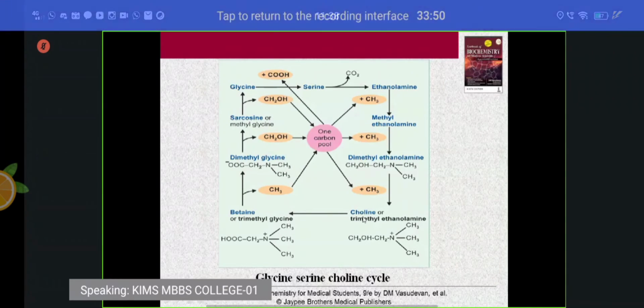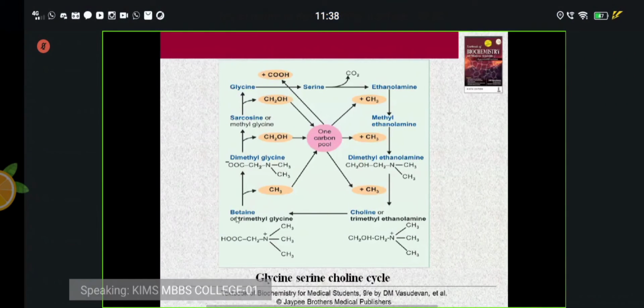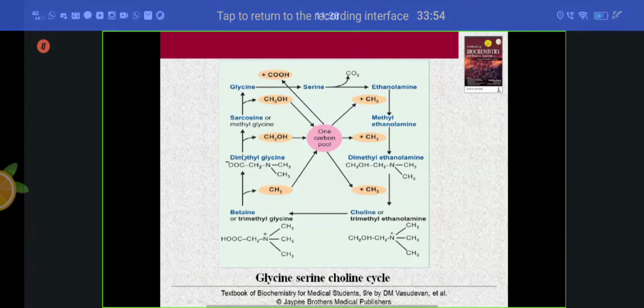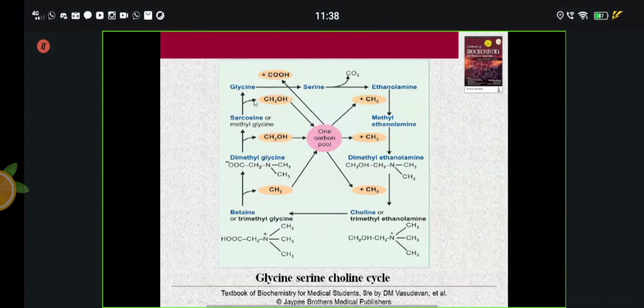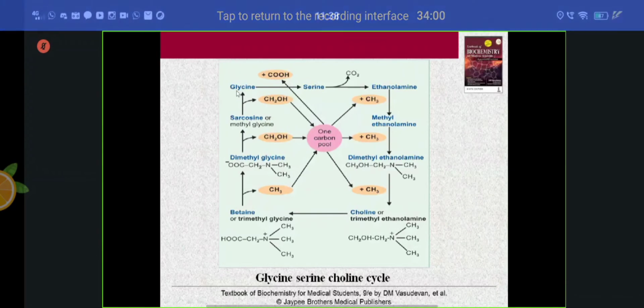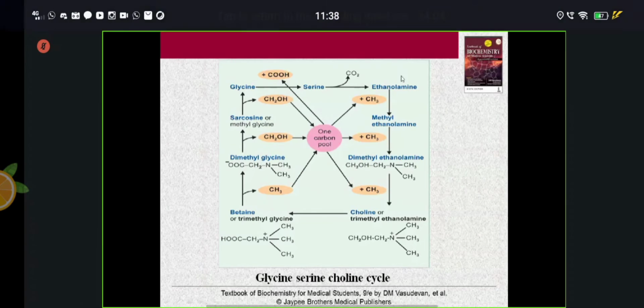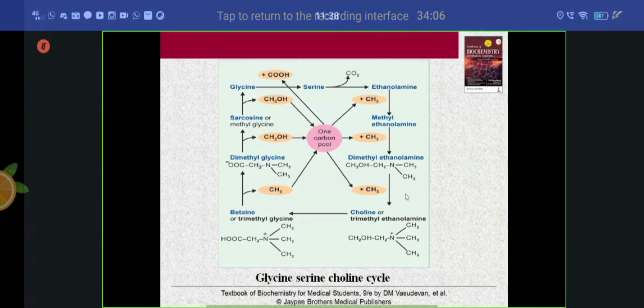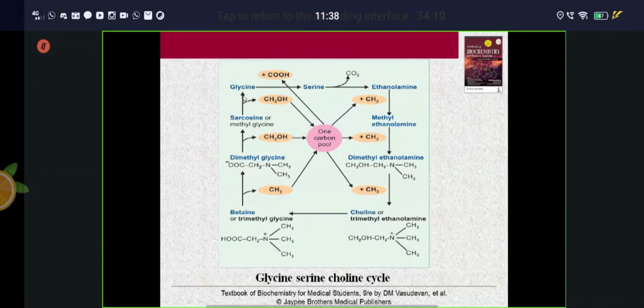And it is getting converted to betaine, and again this cycle repeats so that glycine is formed. So what we learn from this is that glycine and serine are interconvertible. From serine you have ethanolamine, and from ethanolamine we can form choline, and again from choline we can synthesize glycine. This is known as the 1-carbon pool. Why?